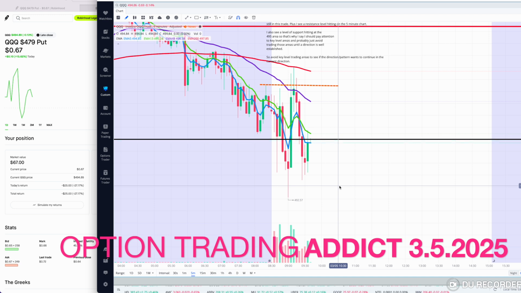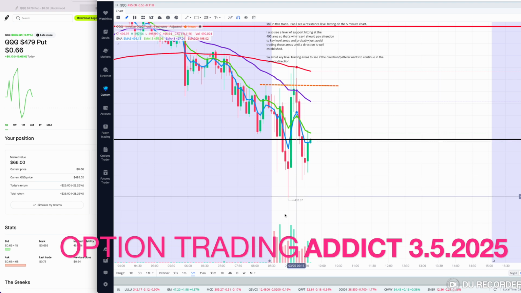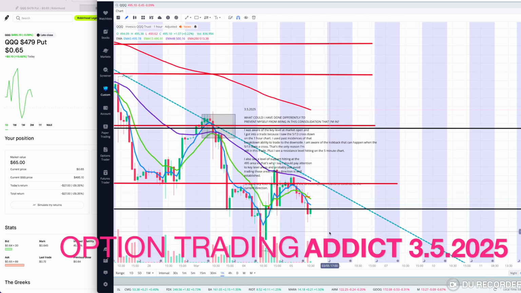Do not shoot back up. Can the technicals just align with the price? Can the technicals just do what I've seen it do many times in the past?